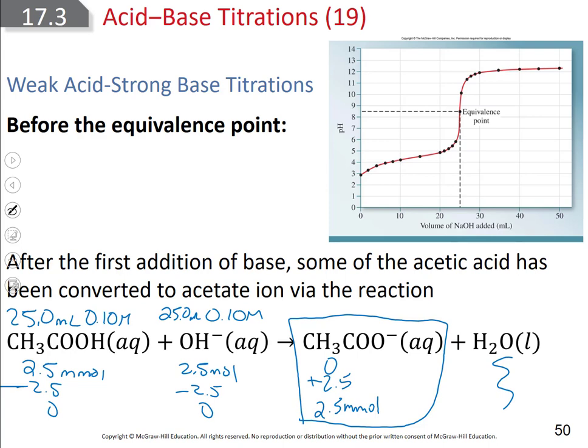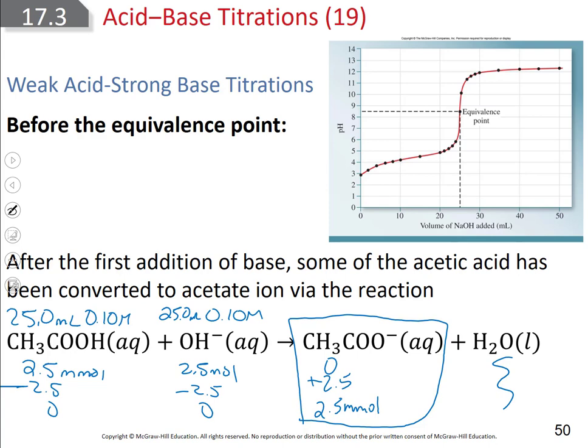In chapter 16, we found the pH of strong acids, strong bases, weak bases, and what? Salts. Good. This is a salt solution. So again, the sodium ion we're ignoring. What really is going to affect the pH is the acetate ion.